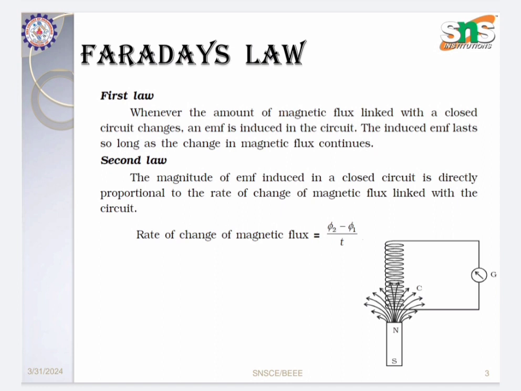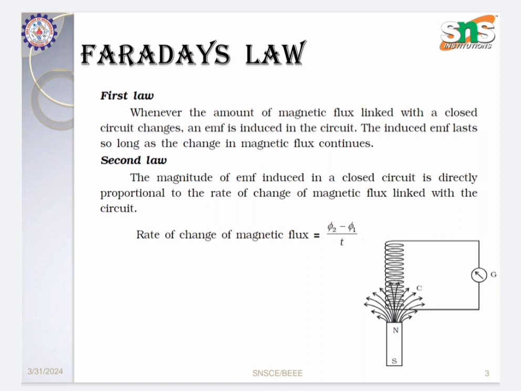Now, moving deeper into Faraday's first law, it states that whenever the amount of magnetic flux linked with a closed circuit changes, an EMF is induced in the circuit, and the induced EMF lasts so long as the change in the magnetic flux continues.